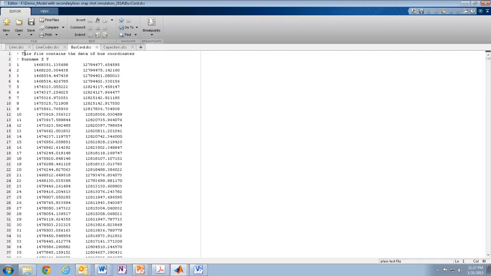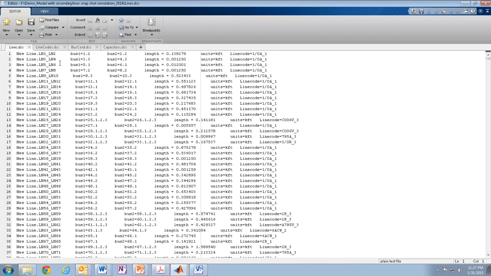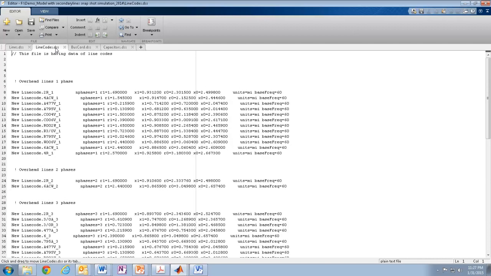Similarly, if you look at the lines.dss, that has all the lines or the section information. In this case, just the ID and the length of each section. But if you go to the linecodes.dss, that has all the characteristics of each of the line types.